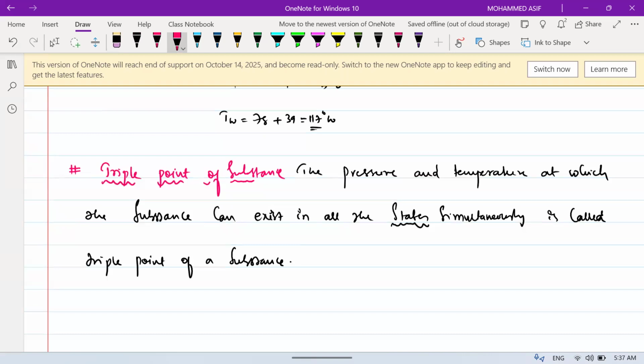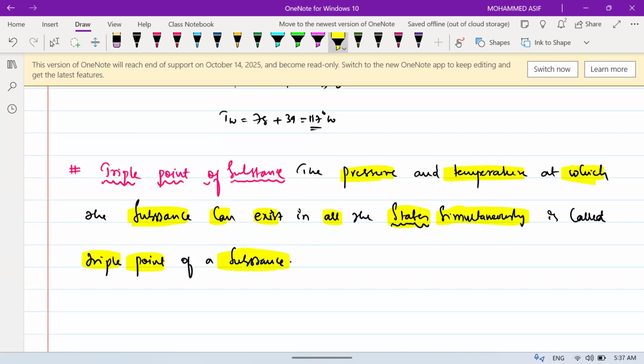Then we'll directly talk about water. So the pressure and temperature at which a substance can exist in all the states simultaneously is called the triple point of that substance.